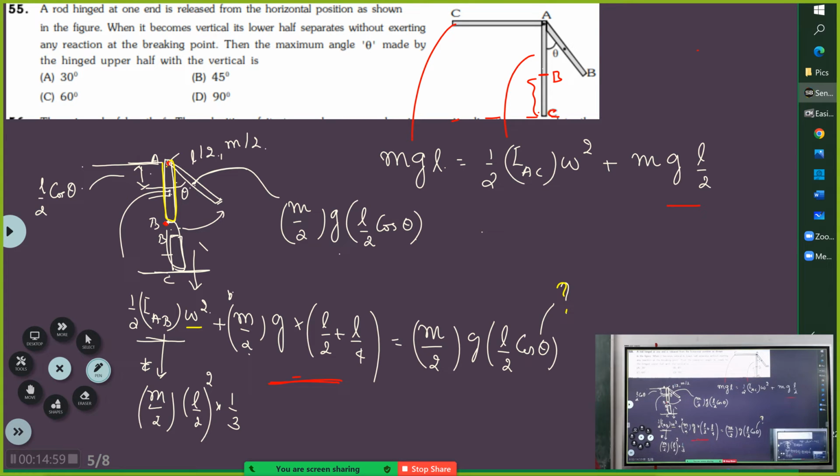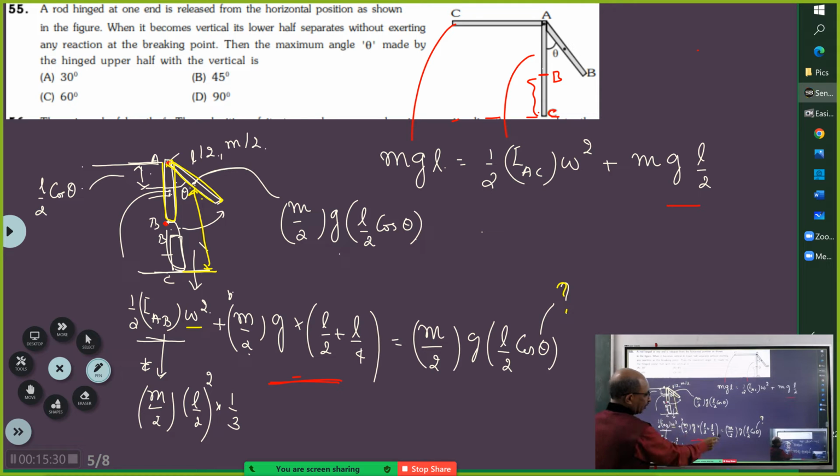Sir, can you explain that m by 2 g L by 2 cos theta, the potential energy? See, this rod is like this. This rod is like this. So what is the potential energy of this rod with respect to this point, this height? What is this height?